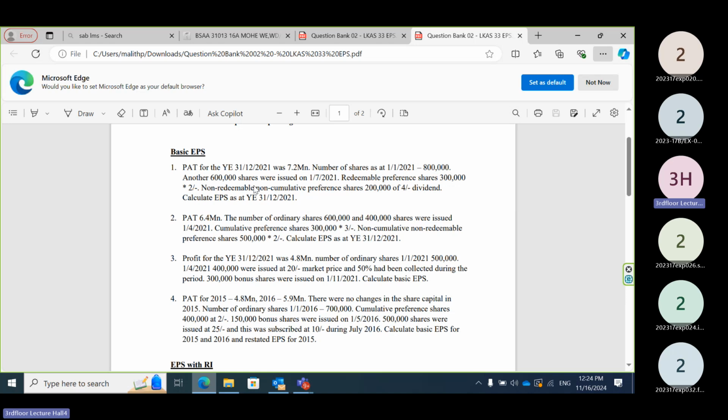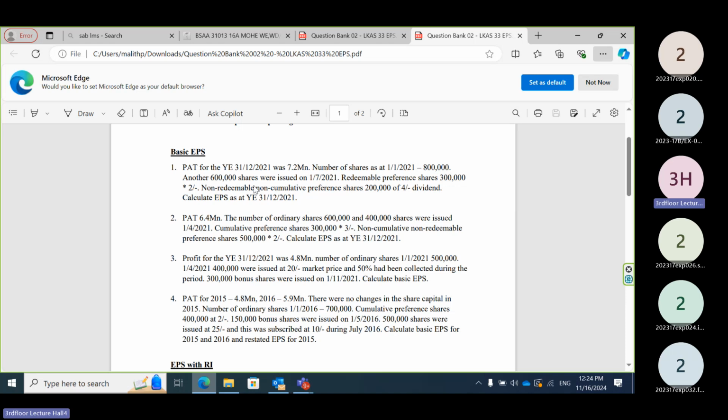Normally what are we taking as the number of shares? We need to specify which preference shares. So we have 800 on the first day, and we are issuing 600 shares. At the start of the year, we had a preference share issuance, some redeemable and some irredeemable. For redeemable preference shares, we don't need to do any adjustment.